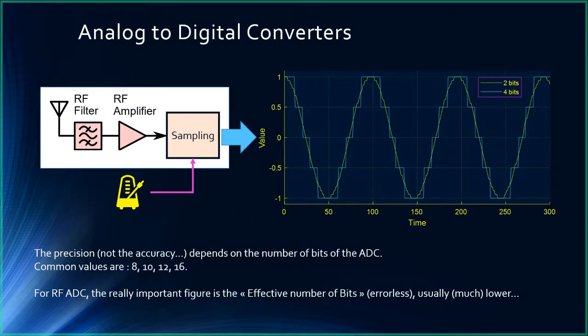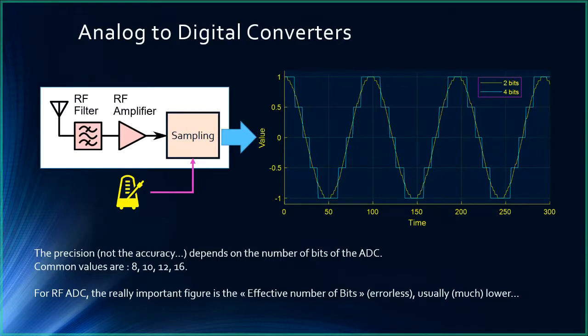So basically, you see from your eyes that the bigger the number of bits is, the more accurate the curve looks, and that's why the more bits you have, the better it is. To make it simple, just the note on the back of the slide you can see is that some receivers give a certain number of bits, but we have to be careful.